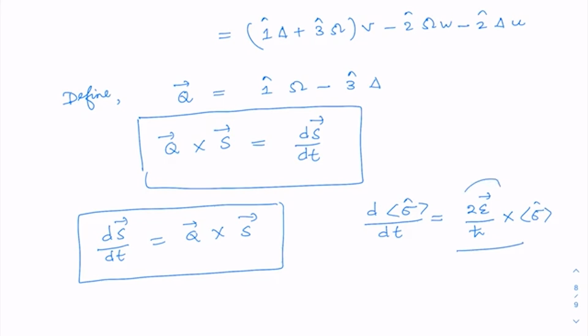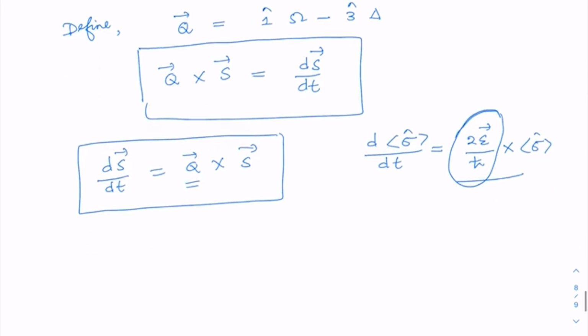So here the role of this quantity is played by this vector q, and immediately you can see that q cross s is perpendicular to s. So the effect of q is only to rotate s.